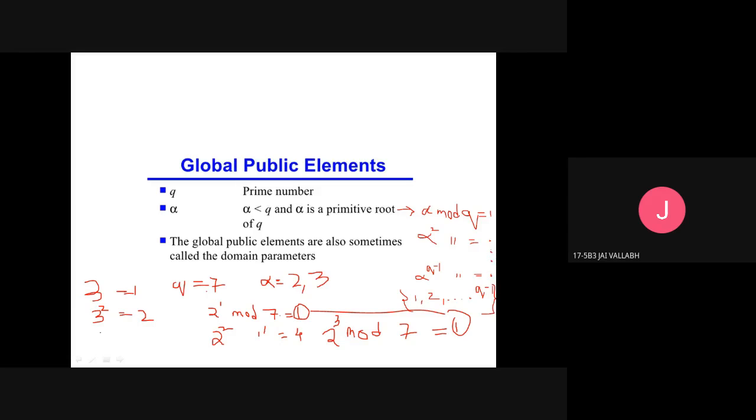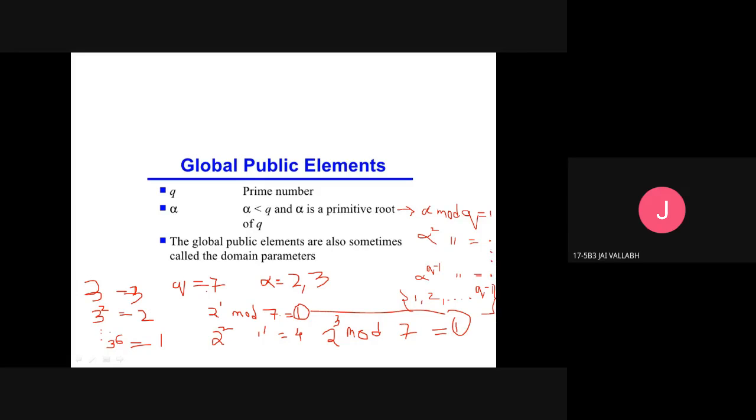And we need to calculate until 3 power q minus 1, where q we have selected is 7. So q minus 1 is 6. 3 power 6 mod 7, its value is 1. Here its value is 3.